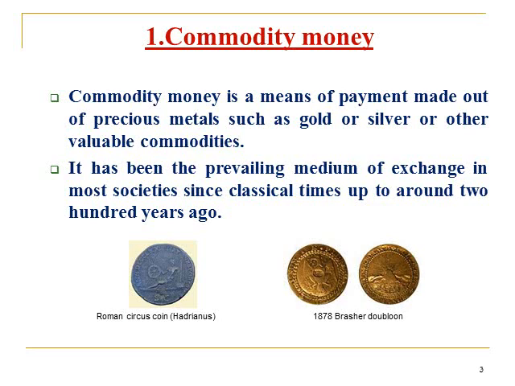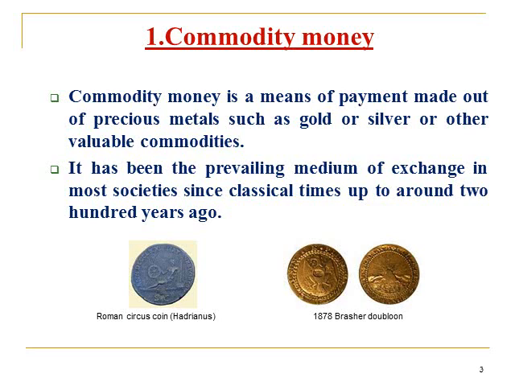Number 1, commodity money. Commodity money is a means of payment made out of precious metals such as gold or silver, or any other metal or other valuable commodities. It has been the prevailing medium of exchange.